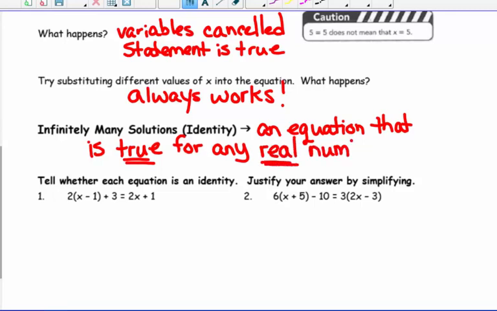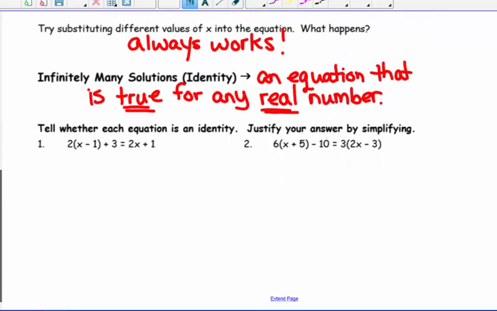It can be rational or irrational. You put pi into that equation, it would still work. Rational or irrational. Any real number will work. So tell whether each equation is an identity. So far we've seen one answer, consistent. No answer, false statement, inconsistent.